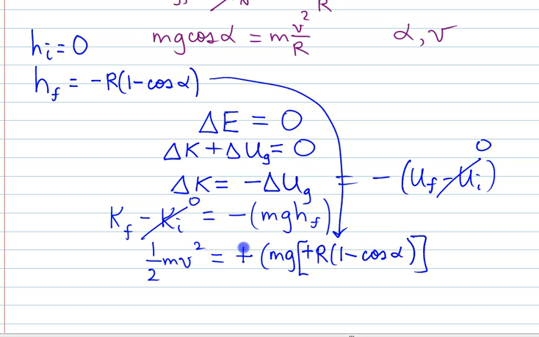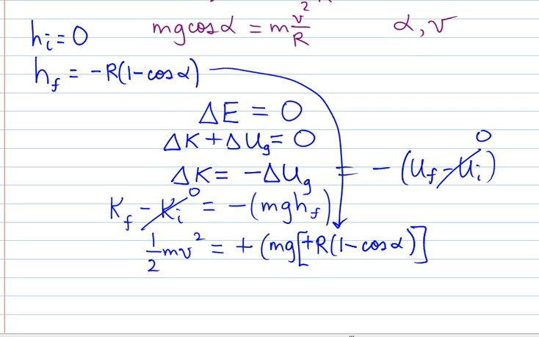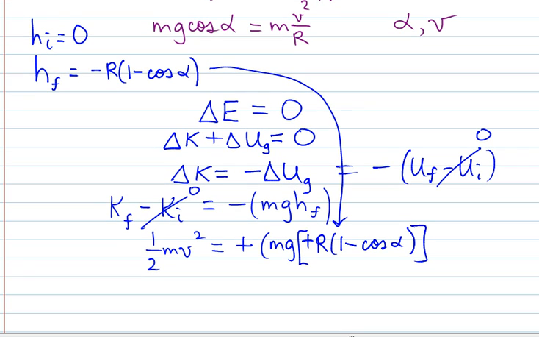So we can get rid of those negatives, and while there are a couple different ways to solve this, probably the most straightforward is to say that mv squared over r is equal to 2 mg times the quantity 1 minus cosine alpha.